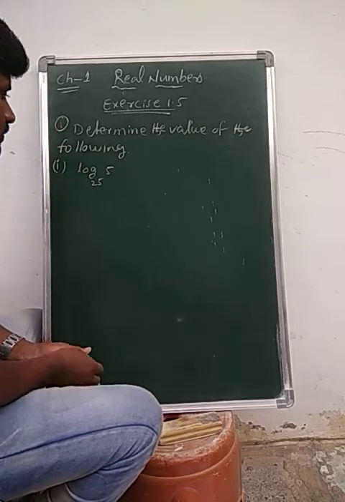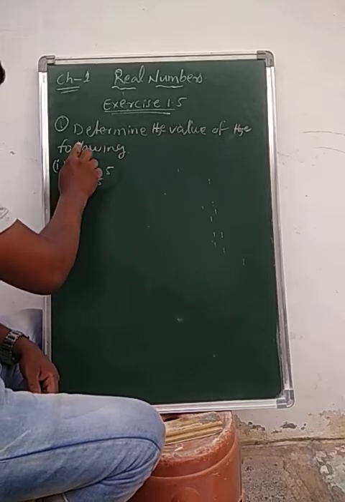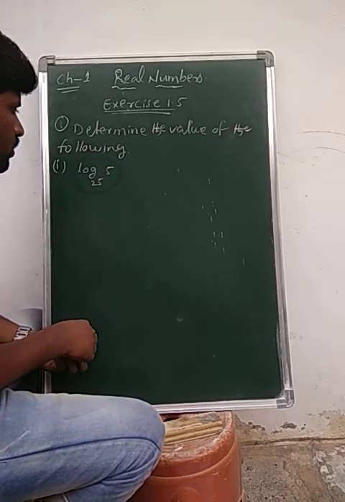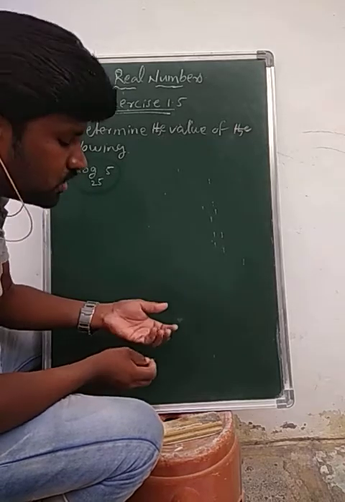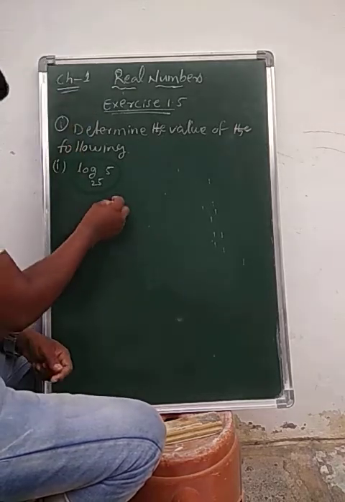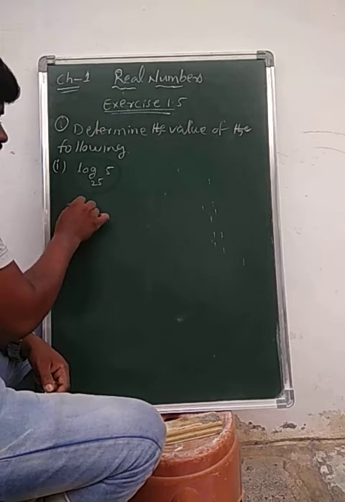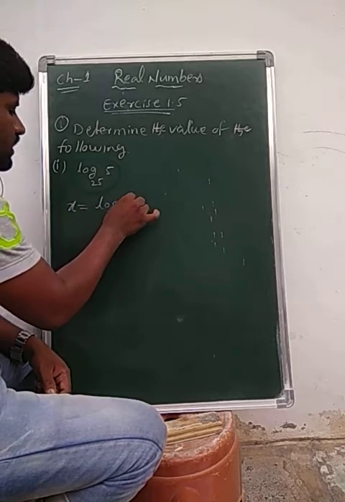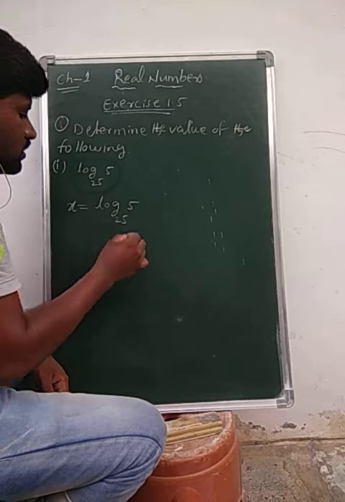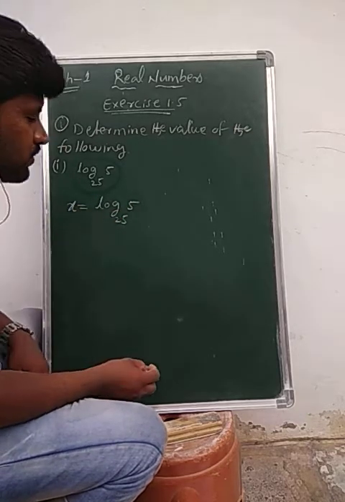So clearly this is given in logarithmic form. So I am going to first of all convert this into exponential form. We know the formula: x is equal to log of 5 to the base 25.